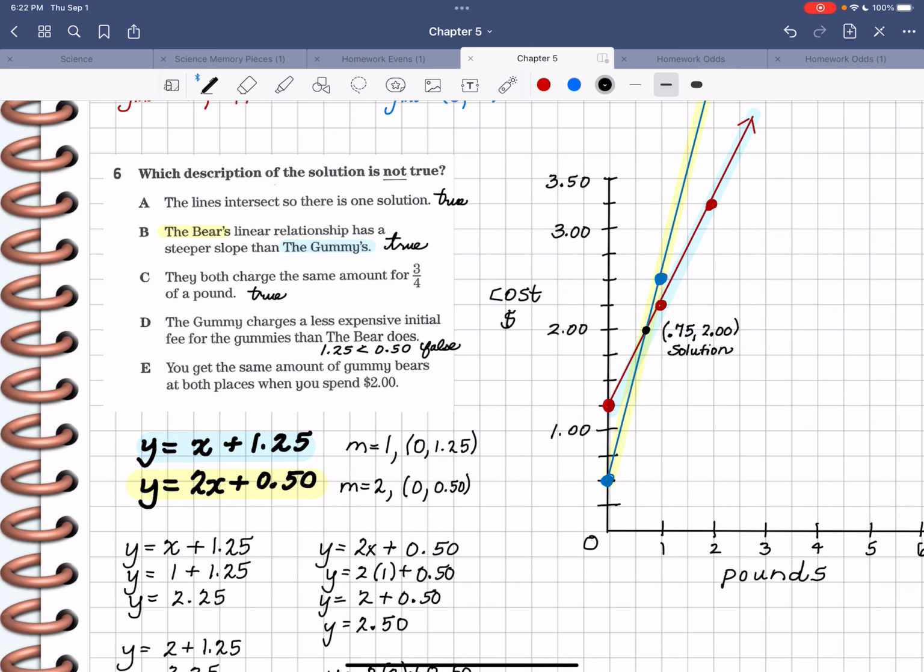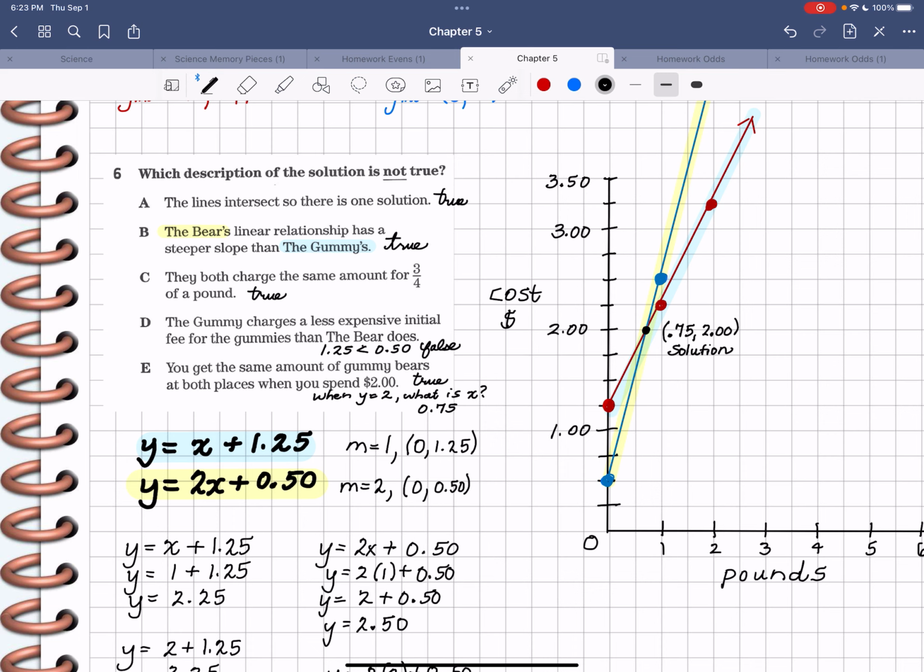You get the same amount of gummy bears at both places when you spend $2. So what that's saying is when y is 2, what is x at both places? And that is a true statement, because at both places it's 0.75 of a pound. So it's 3/4 of a pound. That statement is true.